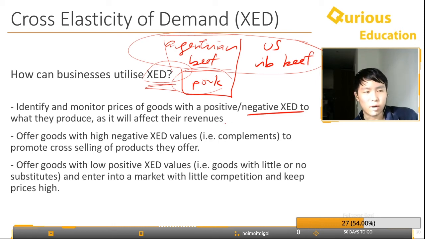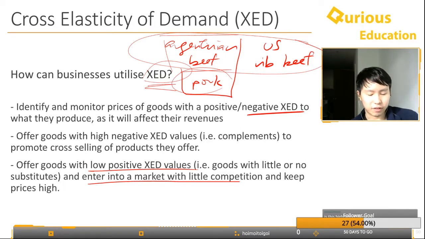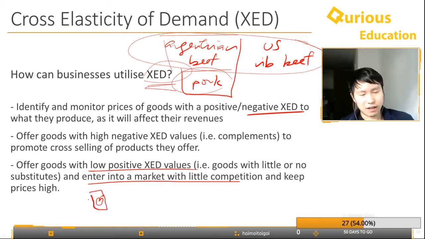They would do the opposite for products that replace each other. They will also enter a market with little competition, and they might also offer goods with positive XED values for goods that are complementary.